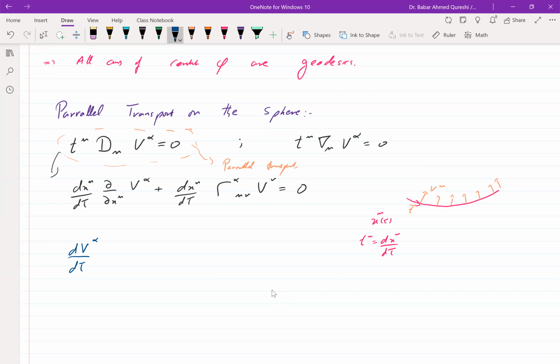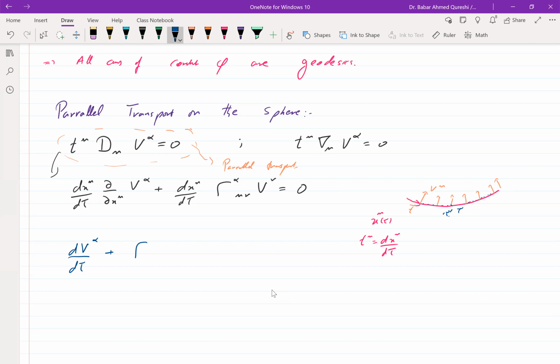So essentially you are deriving an equation that as you move along this curve, as you change this parameter tau on this curve, how do the components of this vector v change on this parallelly transported field? How should this component be at any particular value of tau? And that is being set up into this differential equation with a variable tau.